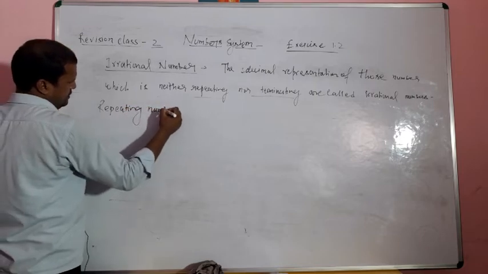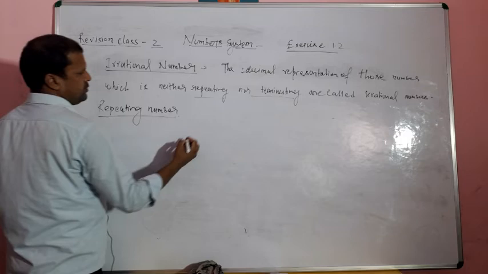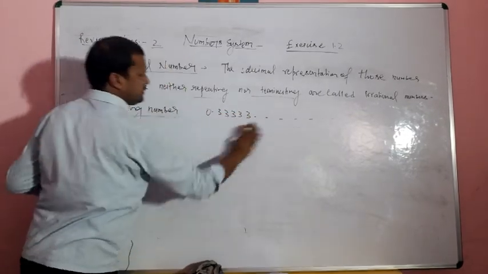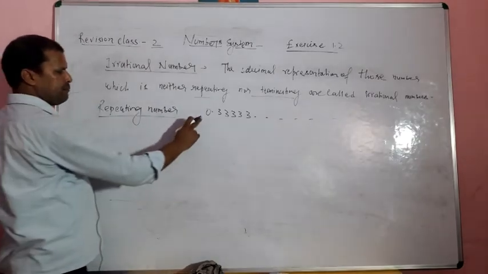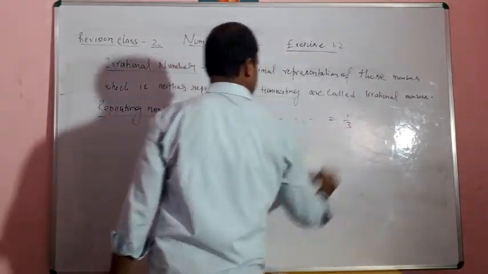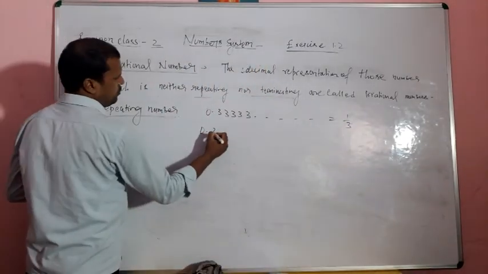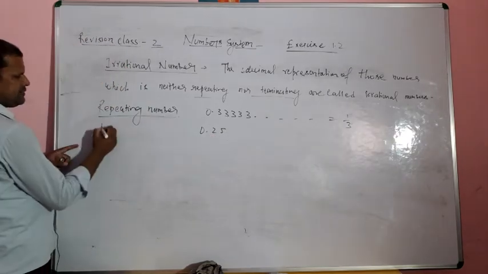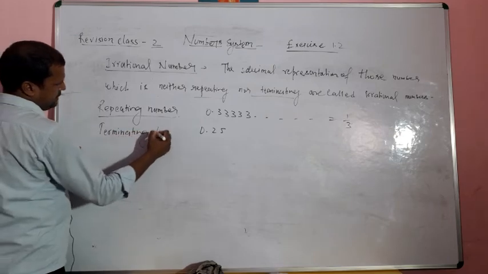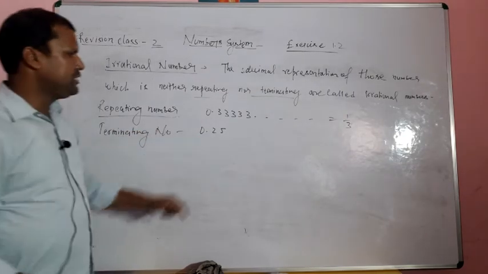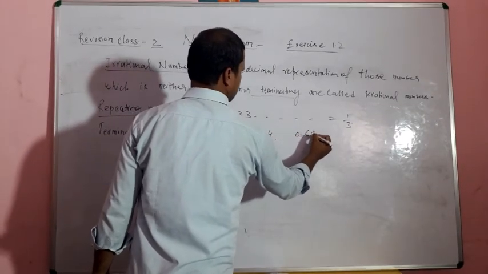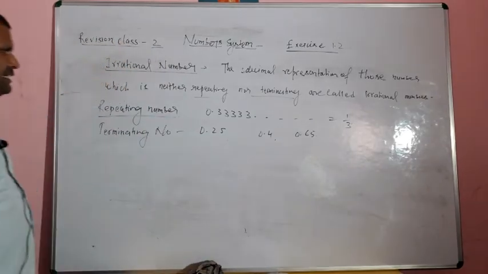Repeating number: 0.3333... This is known as a repeating decimal representation. Its value is 1/3. Now 0.25 is a terminating number. Terminating numbers: 0.25, 0.4, 0.65, these are examples of terminating numbers.